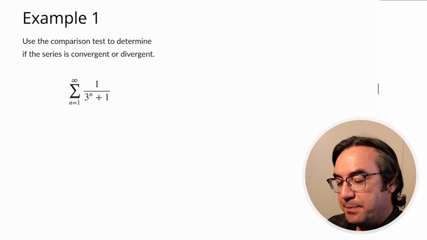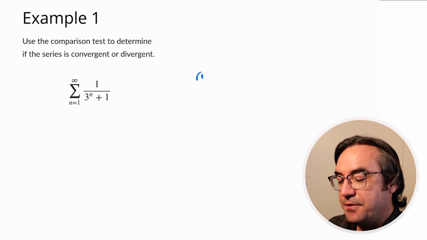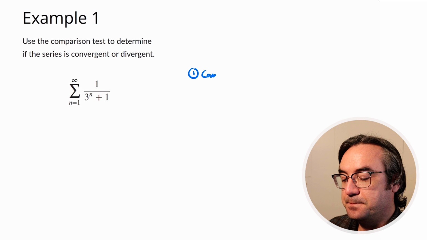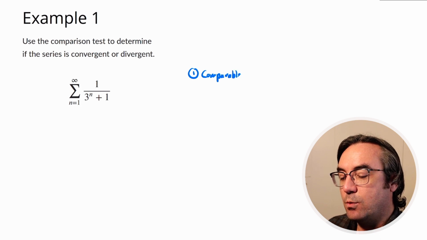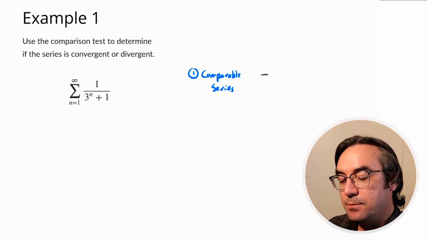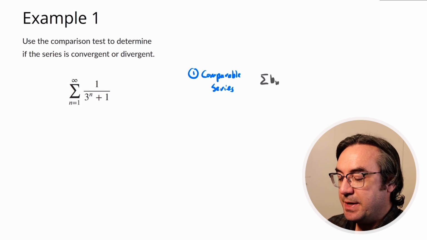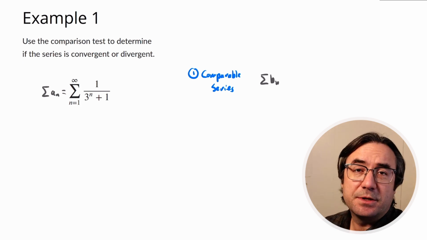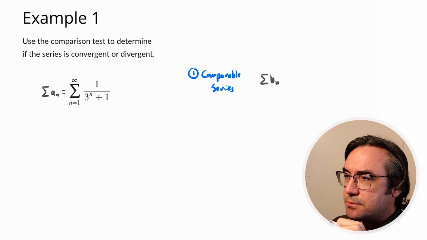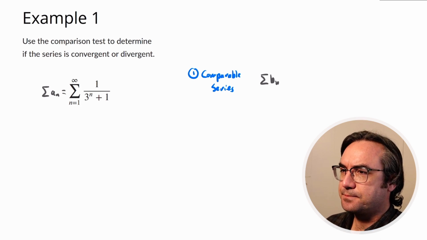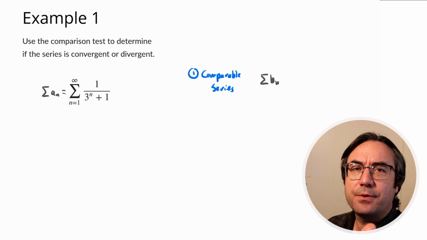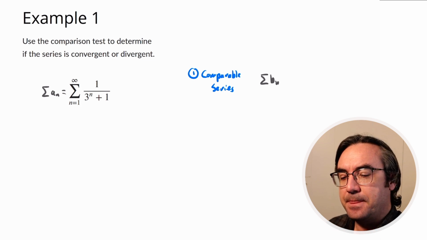All right, so the first step is we've got to get our comparable series. So we have to figure out what we're going to compare this to. And when we do that, we're going to call our comparable series sigma bn, and for short, we'll call the series that we're testing sigma an. All right, so how do we figure out what series we're going to compare this to?